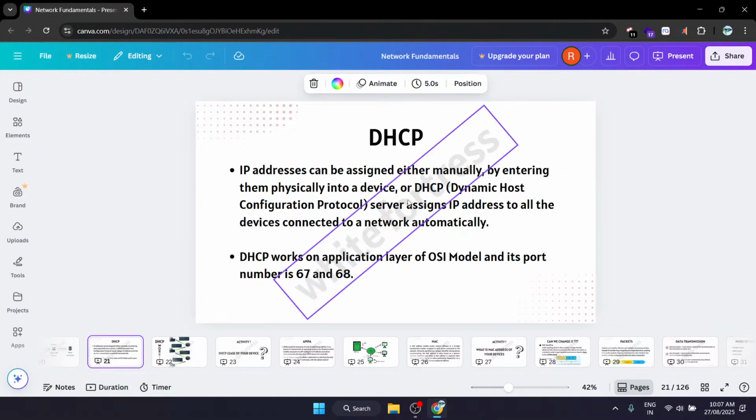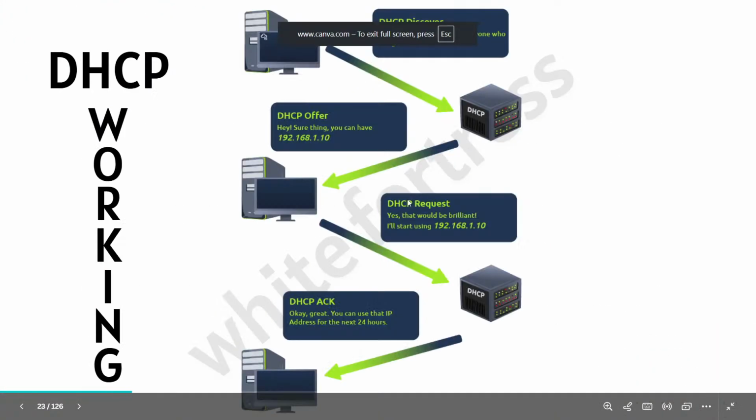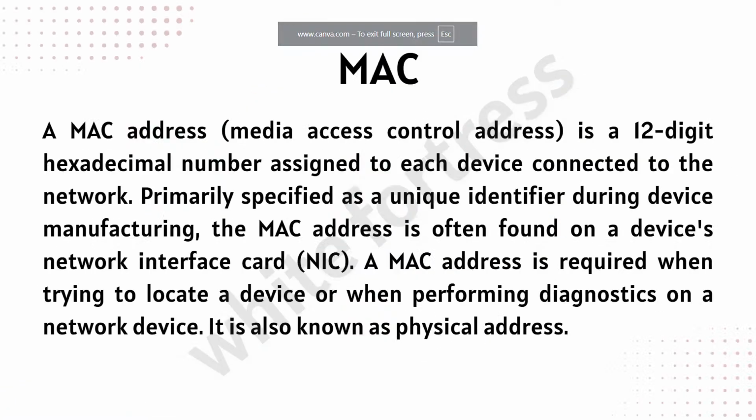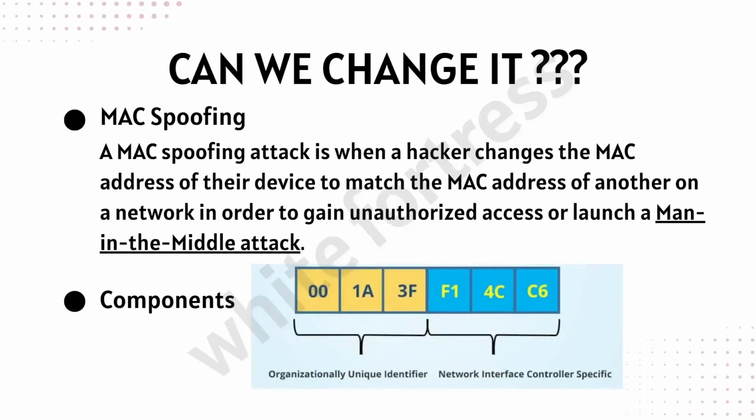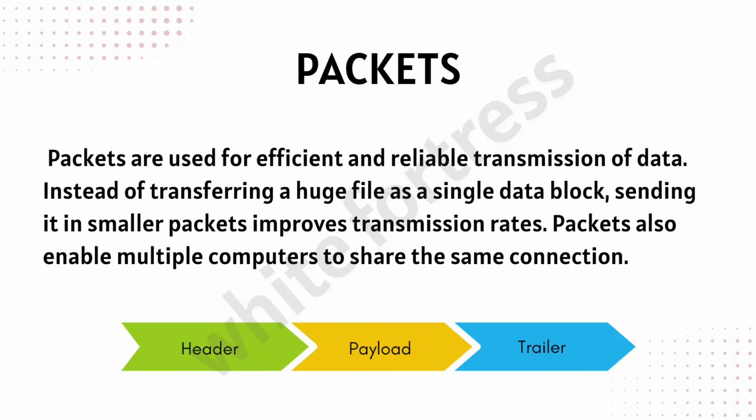So we also talked about what is DHCP, what is APIPA, and how does it work. Then we also talked about MAC addressing, which is also called your physical address, whereas your IP address is called your logical address. So we also discussed MAC spoofing and man-in-the-middle attack.